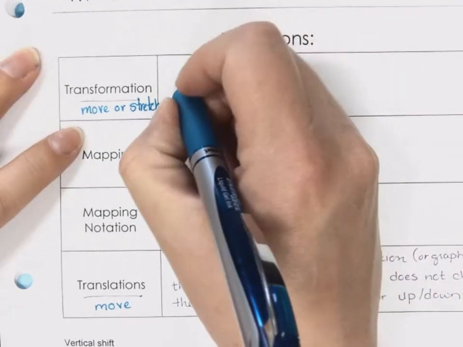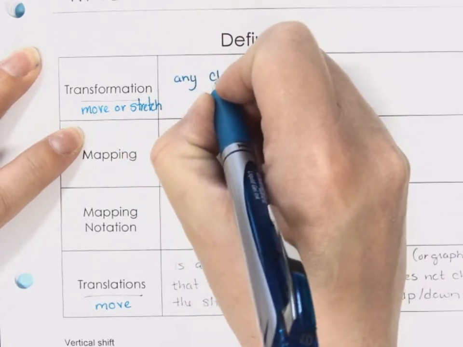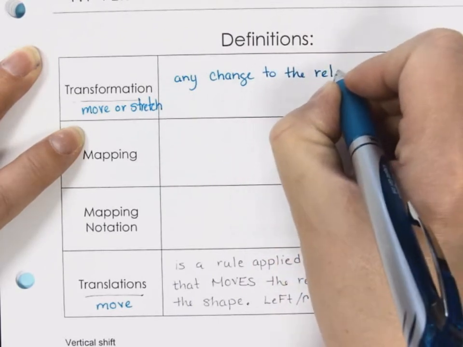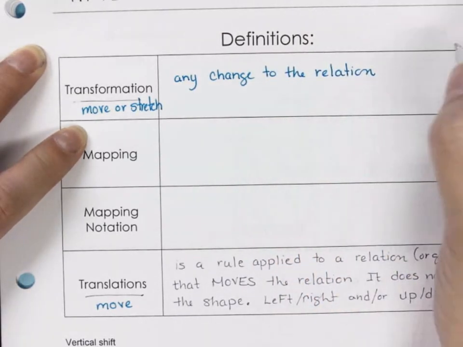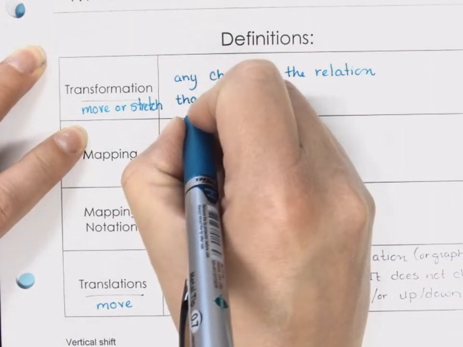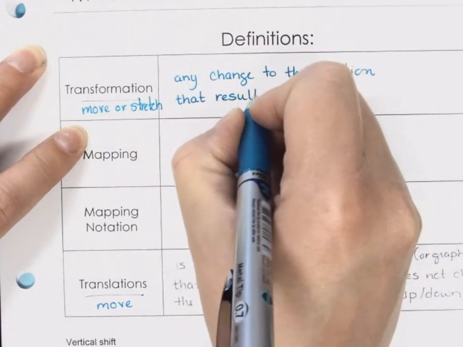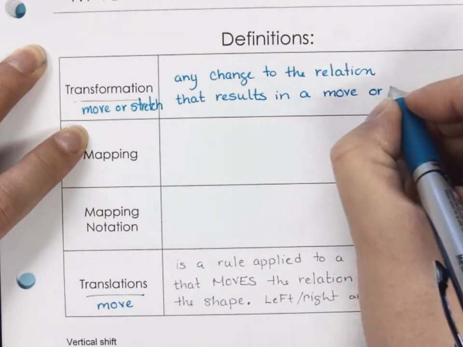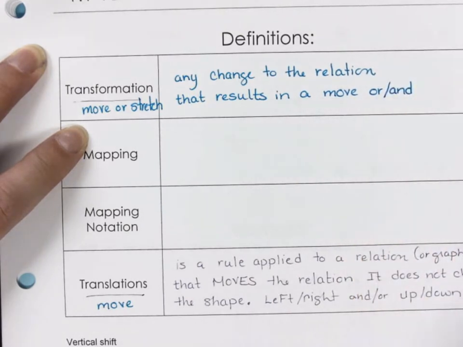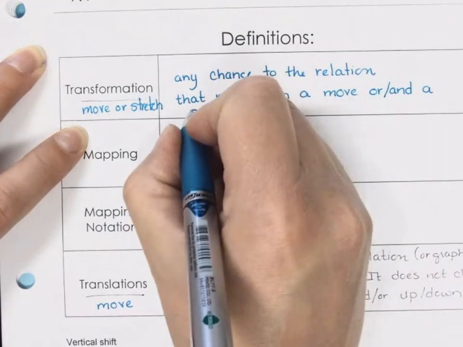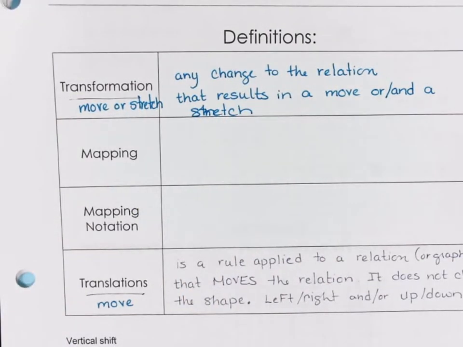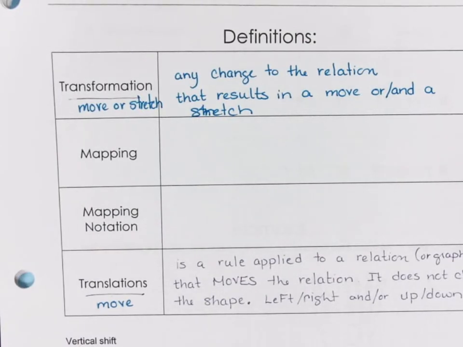So a transformation is any change to the relation, and/or a stretch. So it can change its location, and it can also change its shape.